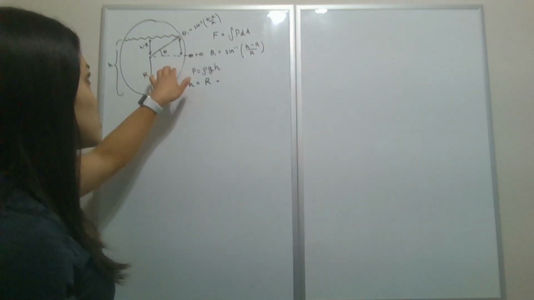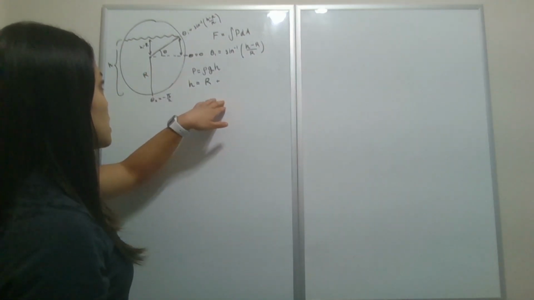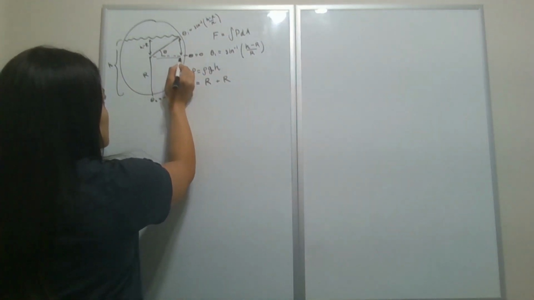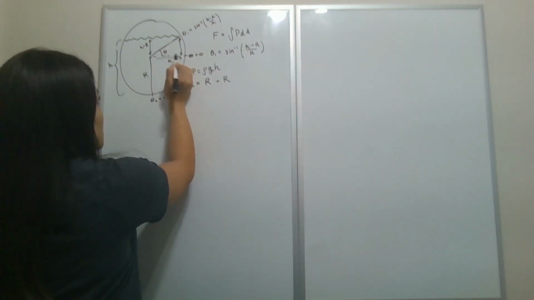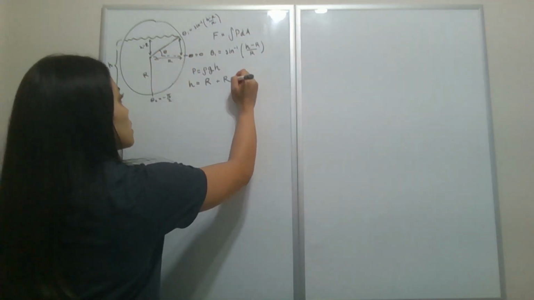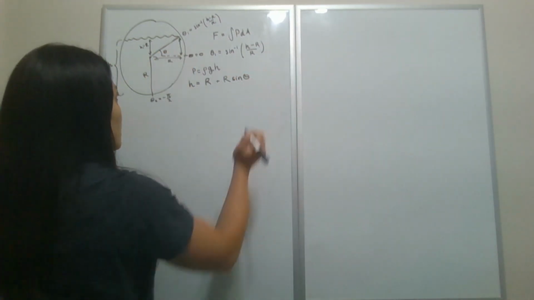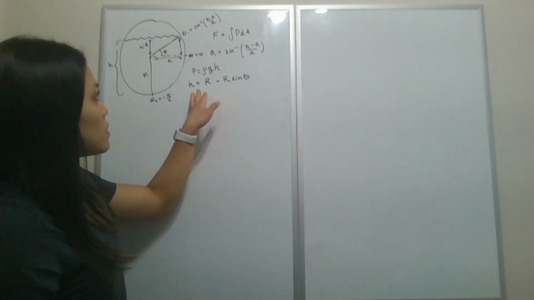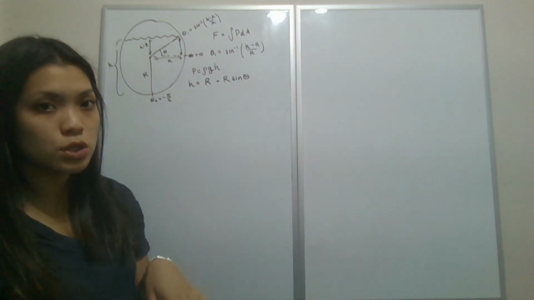So that, using our trigonometry rules, is just going to be the radius, which is this distance here, times the sine of our angle theta.